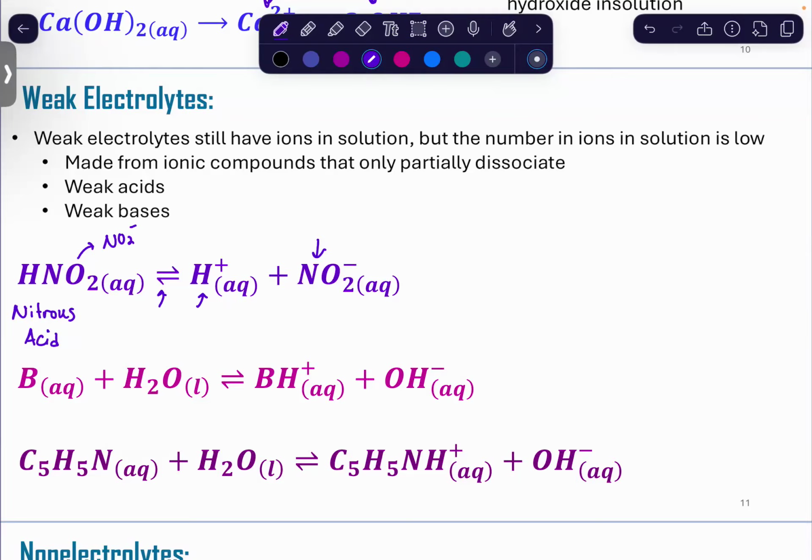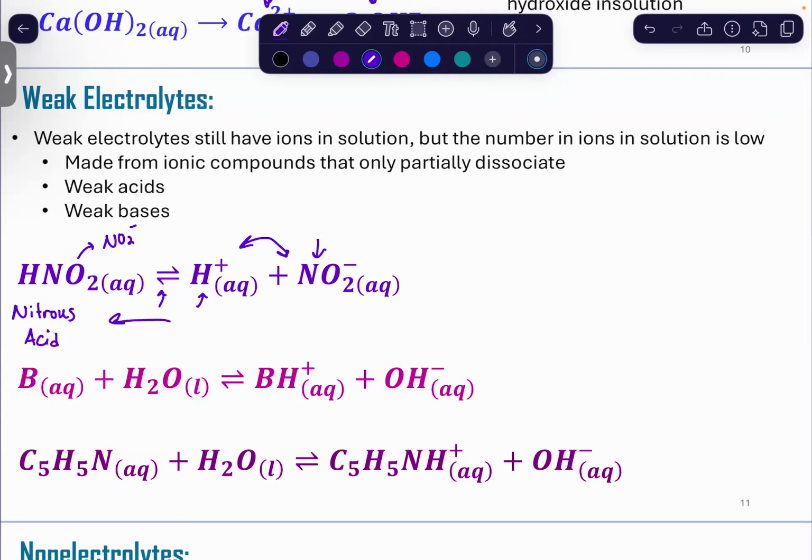And so that means when this compound doesn't fully dissociate, it reaches a point where the neutral HNO2 molecules are dissociating as fast as these protons are recombining with nitrite to go this way and reproduce the compound. So you're only going to get a certain amount of ions in solution. You're not going to get all of your nitrous acid molecules to dissociate.